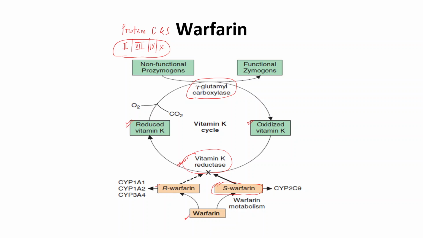This S isoform is metabolized by CYP2C9. The R isoform, which is not very important, is metabolized by CYP1A2, CYP1A1, and CYP3A4.